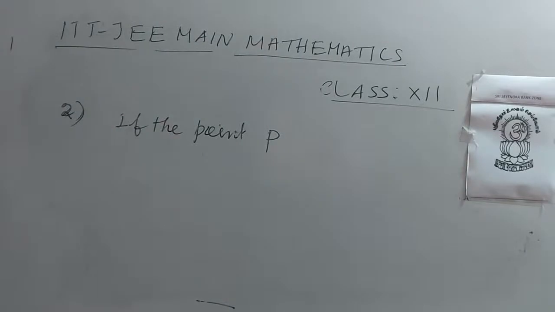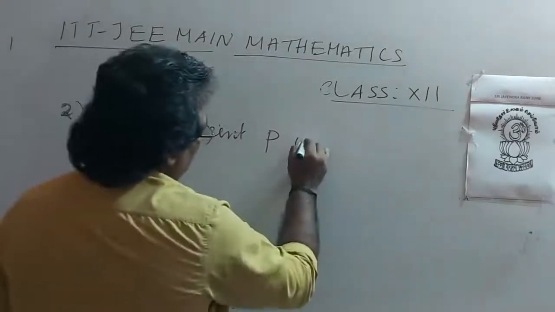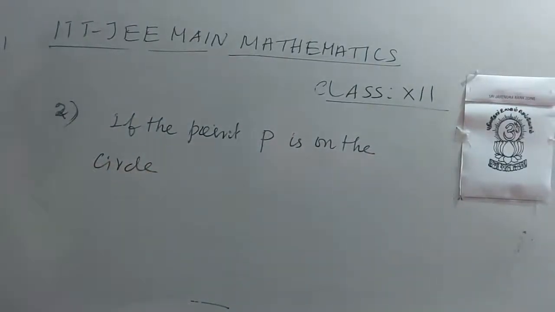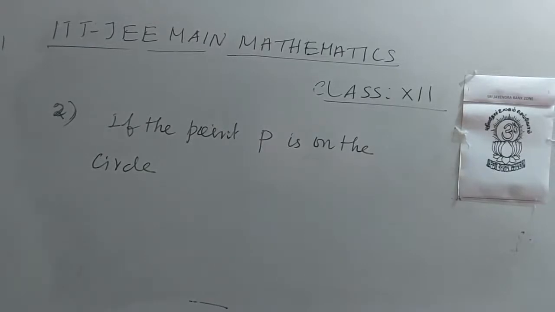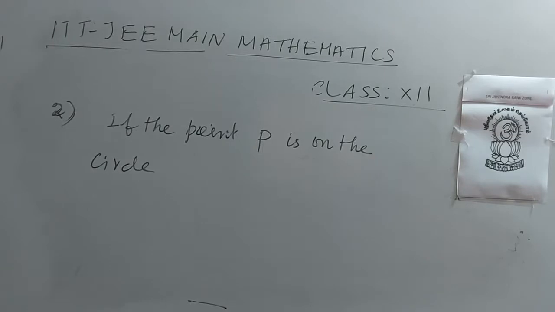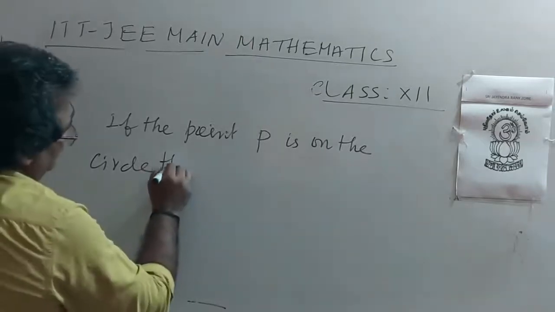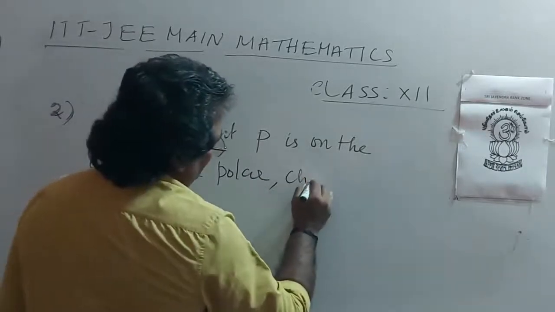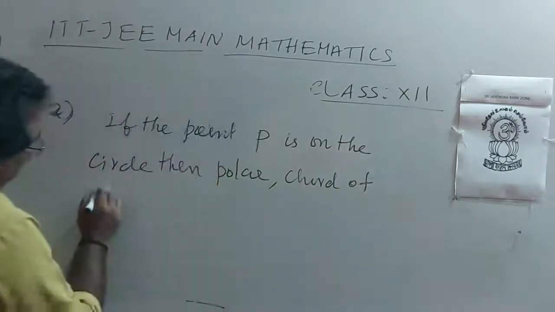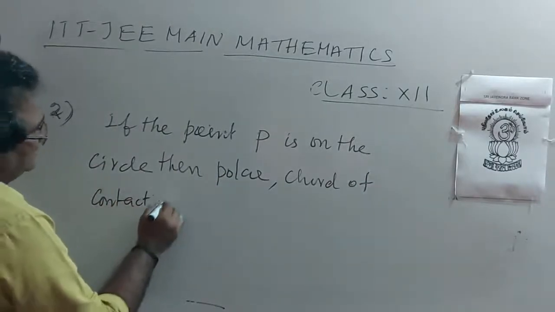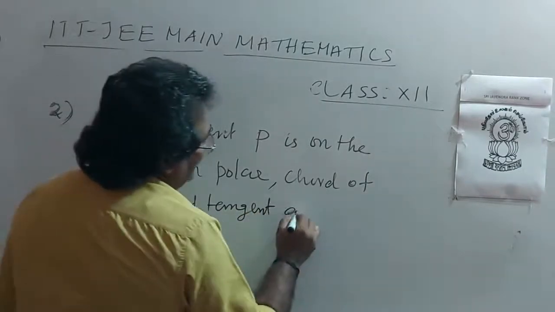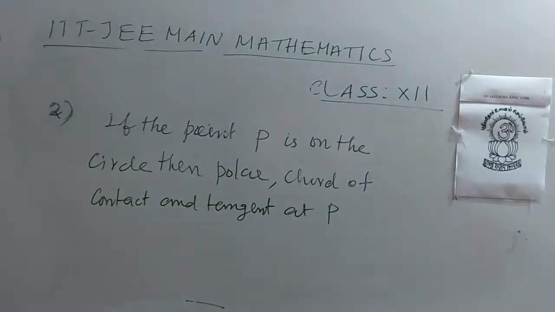If the point P is on the circle, then the polar, chord of contact and tangent at P will coincide.